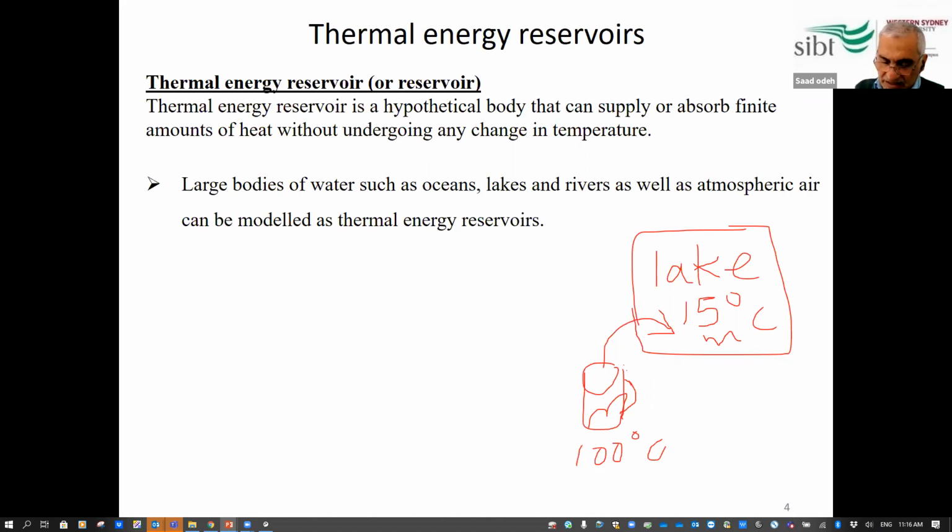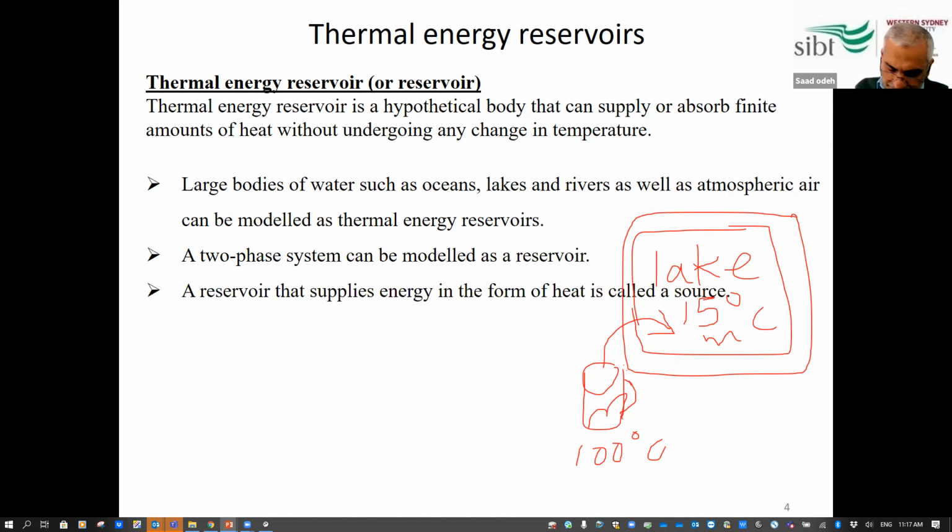That's why we can call the lake a thermal reservoir, because the temperature doesn't change no matter how much energy we add to it from any source. Same with the ocean, rivers, or atmospheric air. The atmospheric air will not change if you put a hot mug inside the room, because the room volume compared with the mug volume is very small.